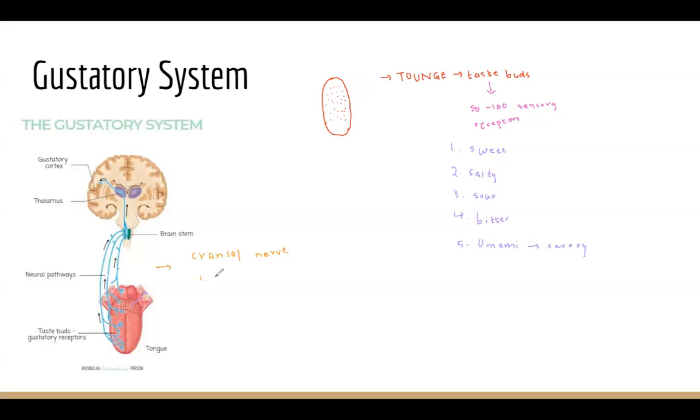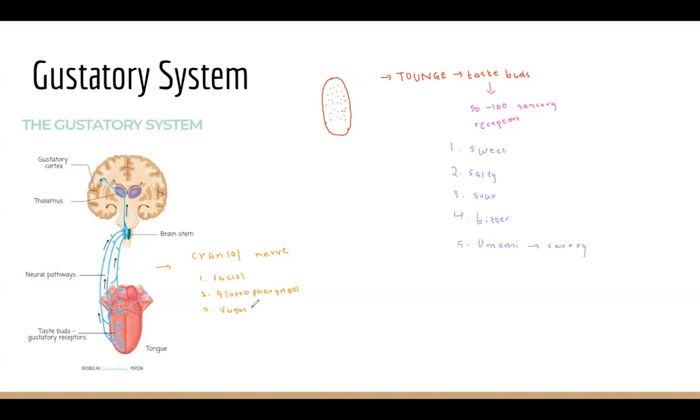The first one is your facial nerve. Second one is your glossopharyngeal nerve. And finally, your other nerve is your vagus nerve.